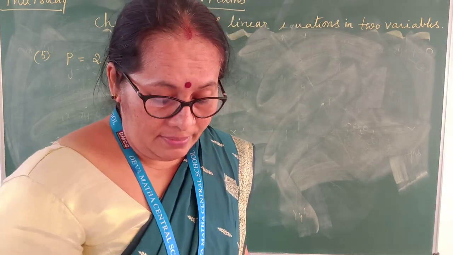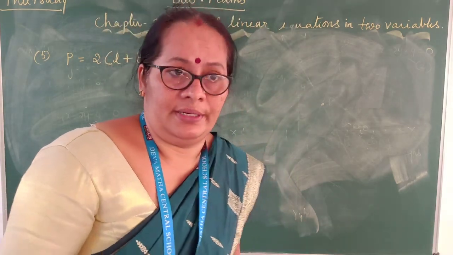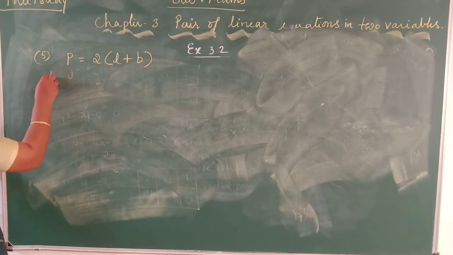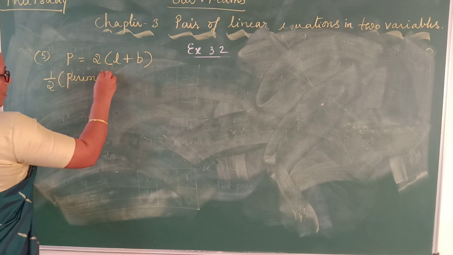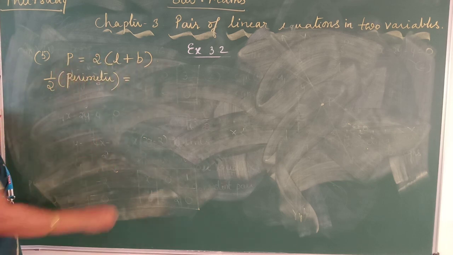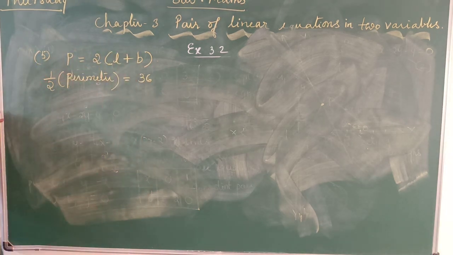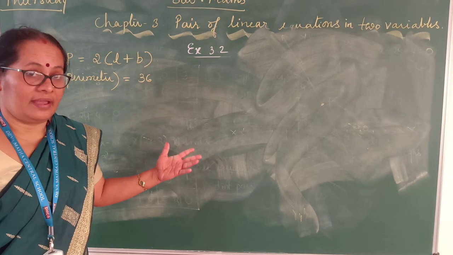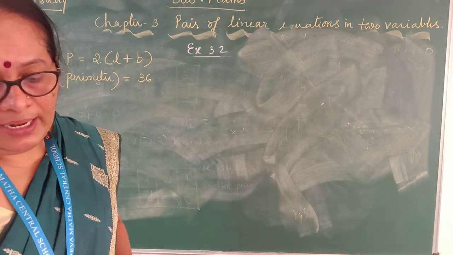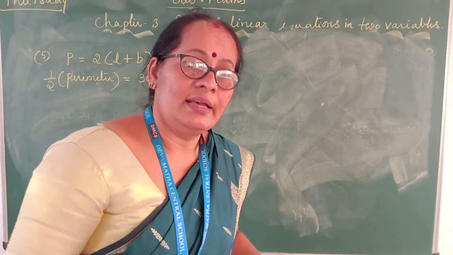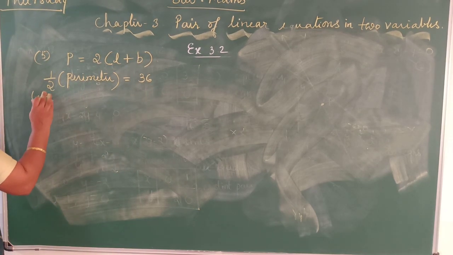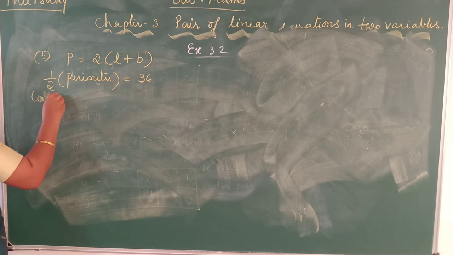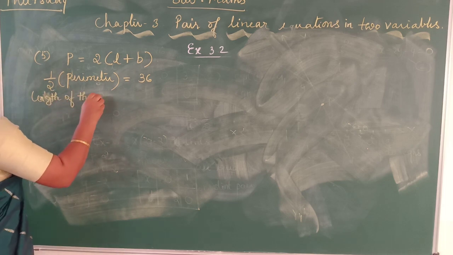It means half the perimeter of the rectangular garden is 36 meter. This is the first condition. So here there are 2 dimensions, length and breadth. So take the length of the rectangular garden as x meter.